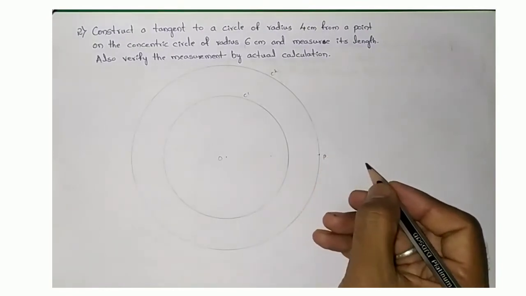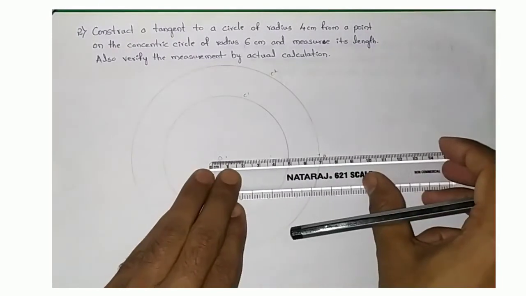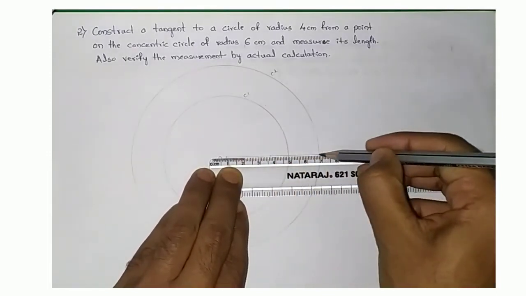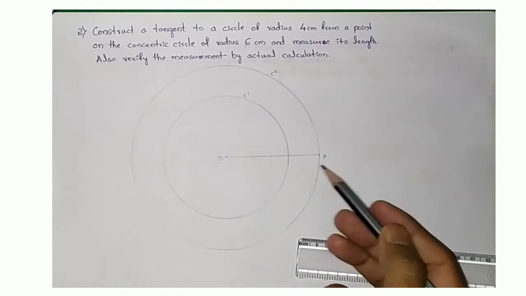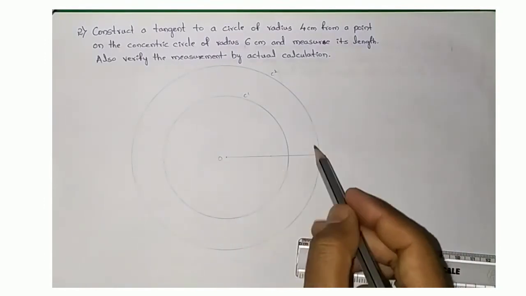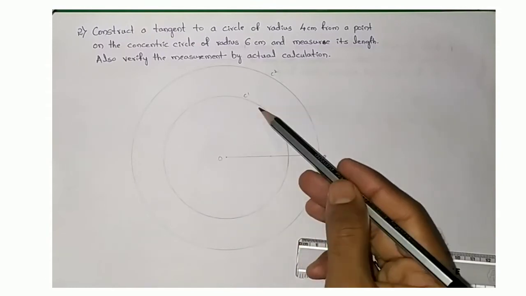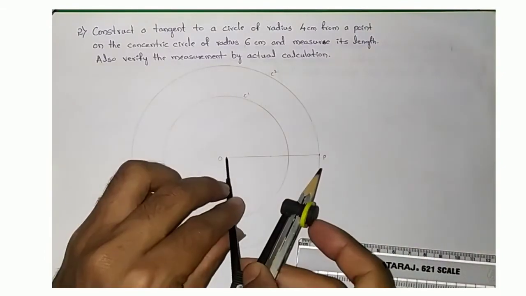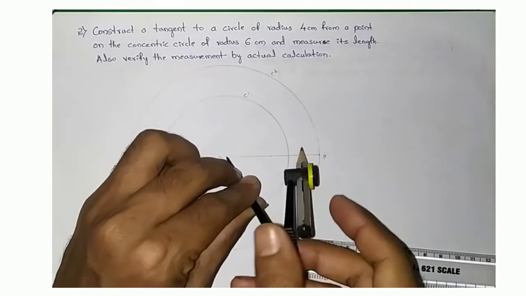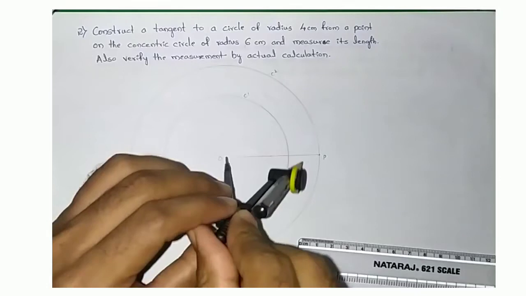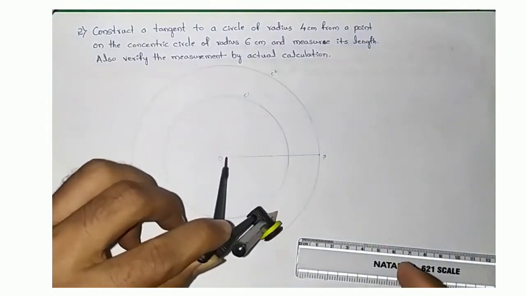Join OP because we need tangents from the point P. So join these two. Here we got OP. For this OP, we need the center point to draw another circle which will intersect the inner circle. So use the method of more than half. From center O, take more than half and cut the arc, and similarly cut another arc at the bottom side.